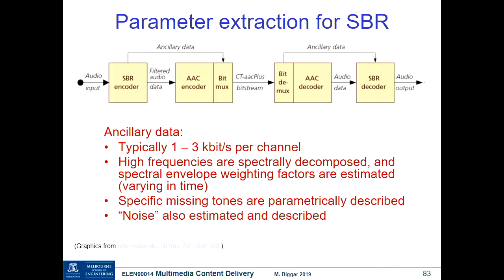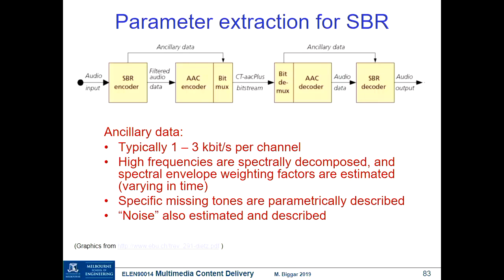So this is what it looks like in block diagram form. In this case, using AAC. So our audio input goes to this spectral band replication encoder, which does the low-pass filtering and just sends the filtered audio to the separate encoder, which happens to be AAC in this case.